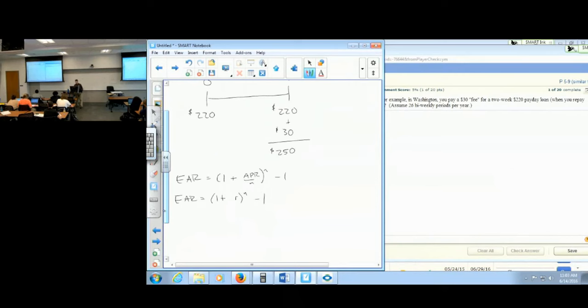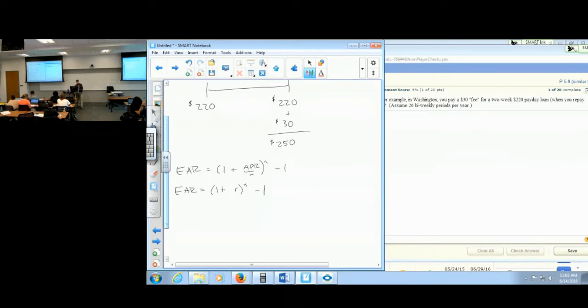I have essentially a present value and future value. I can plug into the present value, future value formula and solve for r, which is nothing more than a percentage change. So my future value is 250.